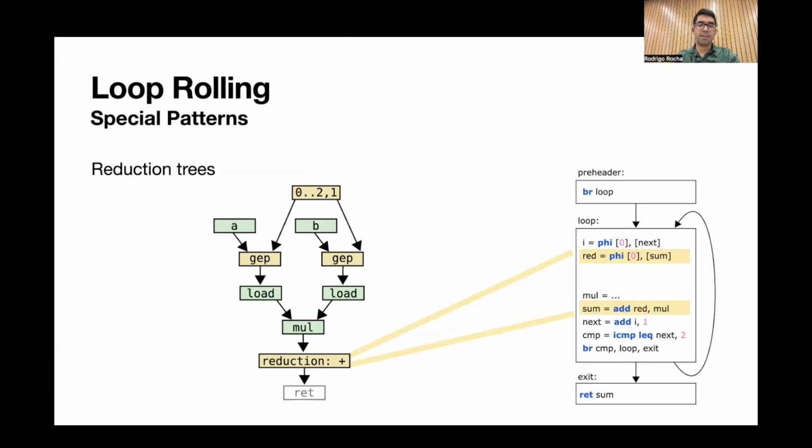And then we have a second instruction that actually performs the reduction operation itself, which feeds back into the phi node. The remainder of the alignment graph goes in between these two instructions, and it computes the value that goes into the reduction operation. In this case, it's this multiplication that feeds into the addition.